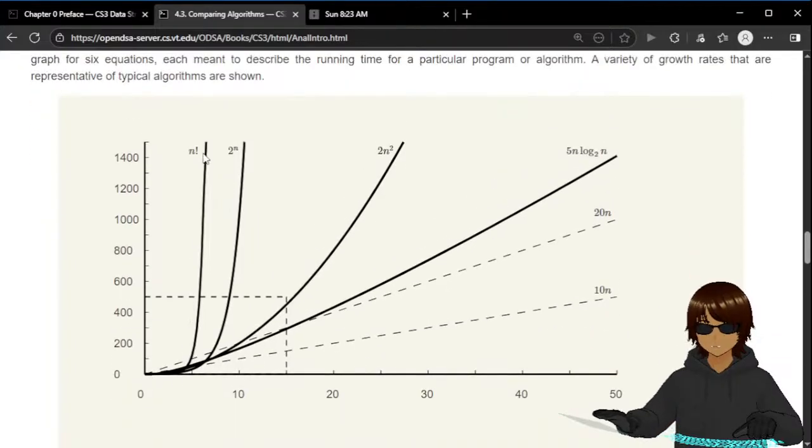We have n factorial, 2 to the power of n, 2n squared, 5n log 2n, 20n, and 10n.